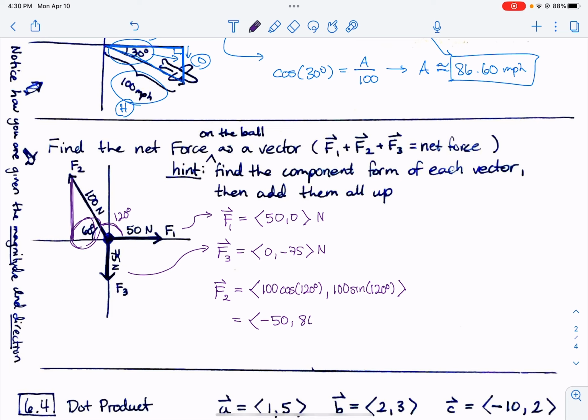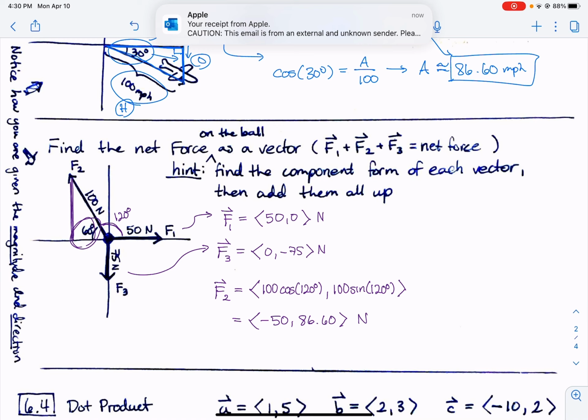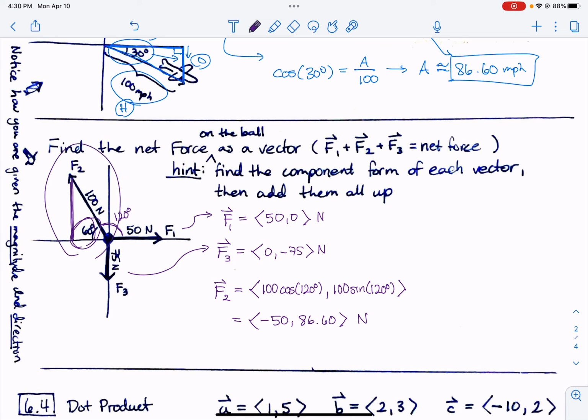Oh, we've seen these numbers before. Yes. But it's in a new context, right? So we should expect that vector to have a negative x component, right? Because it's going to the left. And it should have a positive y component. It's going up, right? So if your signs don't match the picture that we see over here, you got a problem, right? You did something wrong.